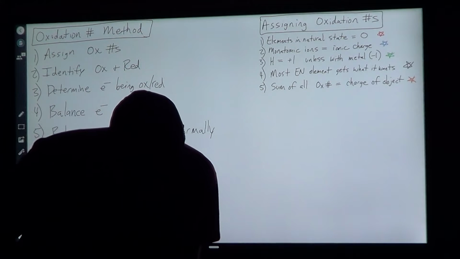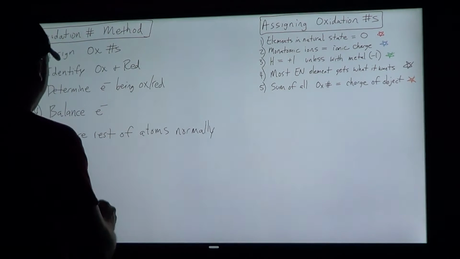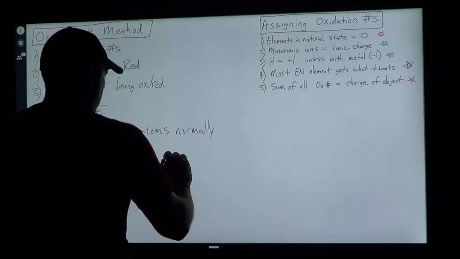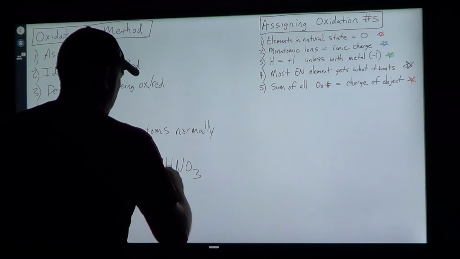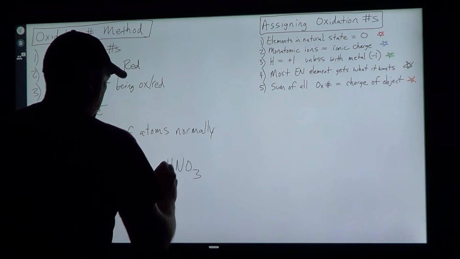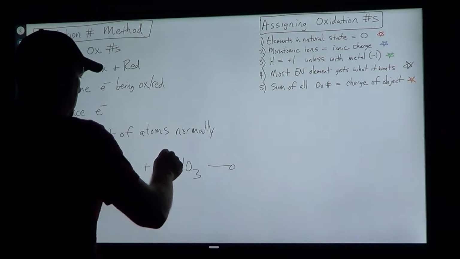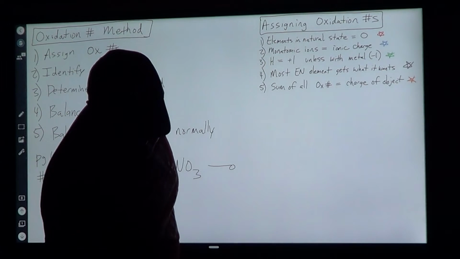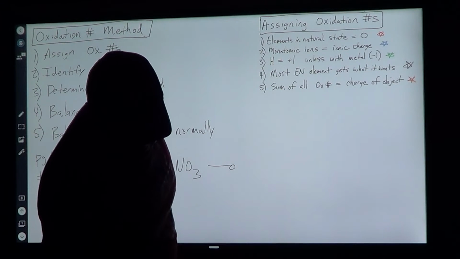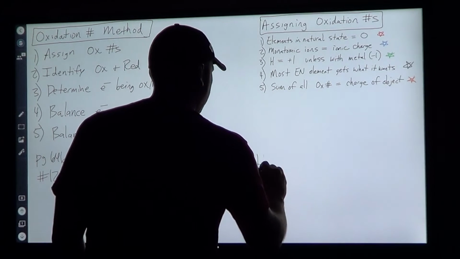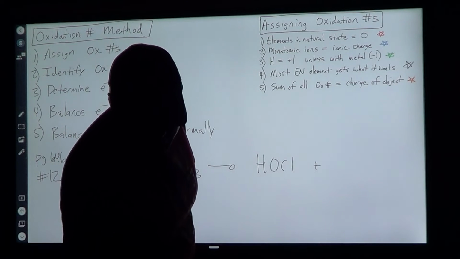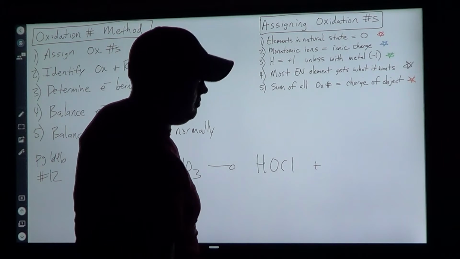The equation we're going to balance is hydrochloric acid plus nitric acid is going to produce HOCl plus NO plus H2O.